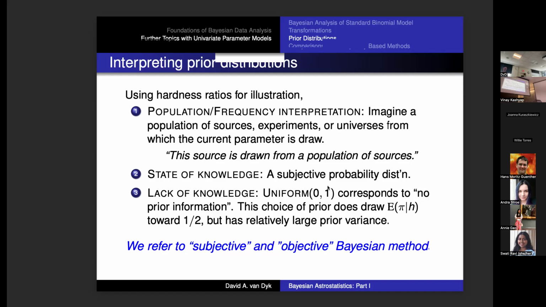You can think of a prior distribution in a few ways. The nicest way, and whenever I'm faced with somebody who doesn't like Bayesian ideas or Bayesian thinking, what I talk about is the first one, the population or frequency interpretation. Maybe I have to have a prior on the mass of a star.